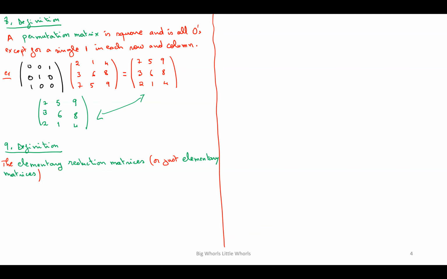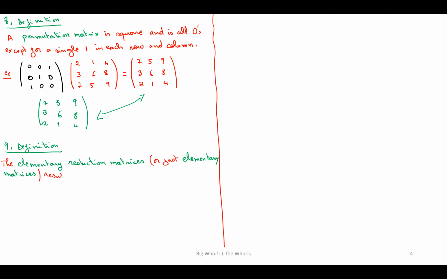It shows us how to use these elementary matrices we have seen so far, how we can use them to get a matrix in its echelon form, even in its reduced echelon form. Okay, so let me give you the formal definition.